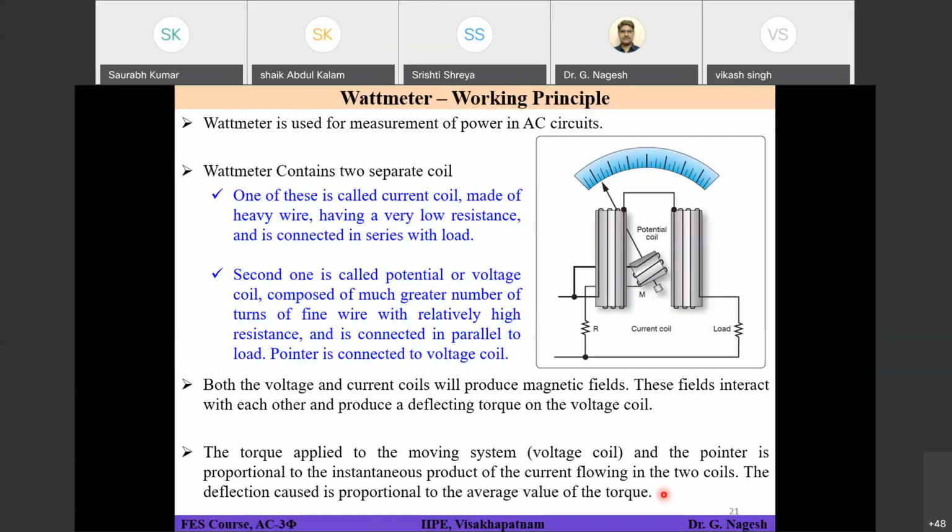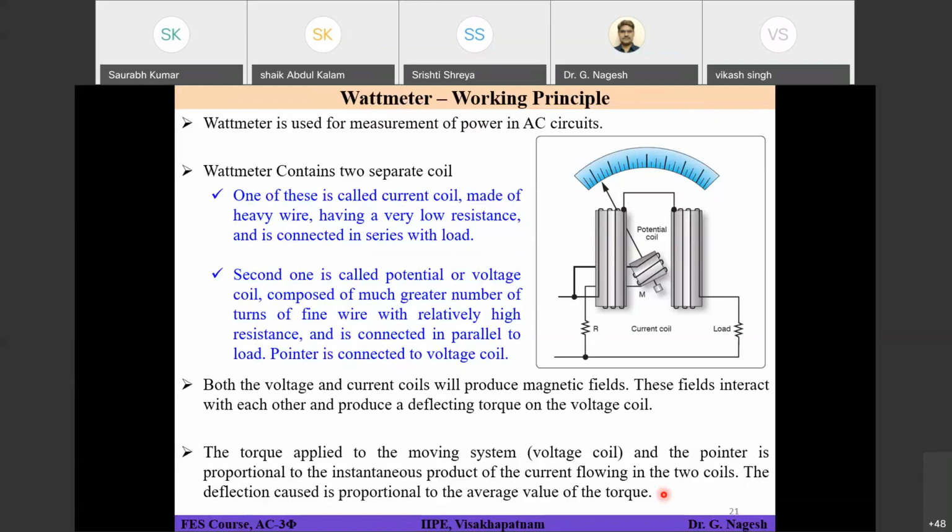It operates on the force caused by the interaction of two magnetic fields: one magnetic field proportional to the voltage and another proportional to the current. That's how we get some deflection, and that deflection is calibrated and shown in terms of watts at the output display. Is it clear?